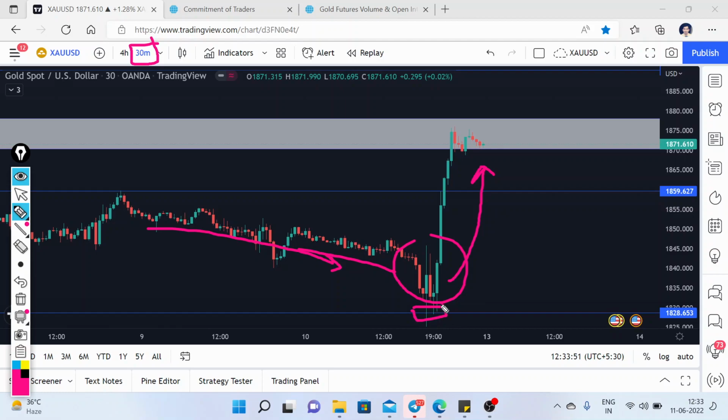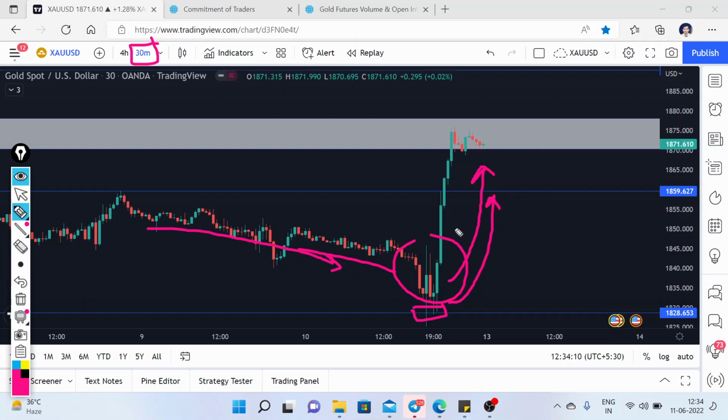We already discussed that the level of 1828.23 was previously acting as a support, and this support this time also acted very well and held the price, and we have seen a good bullish run from this price.